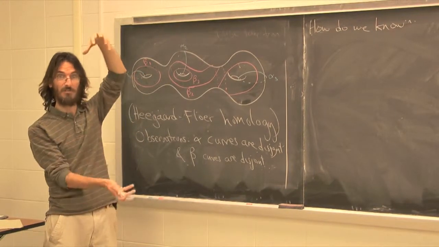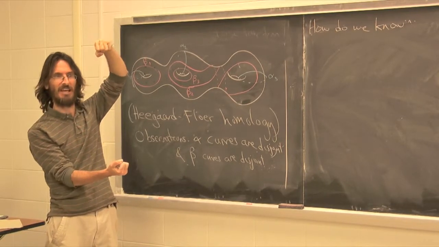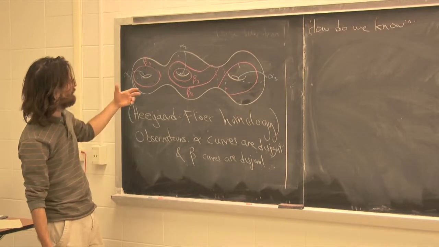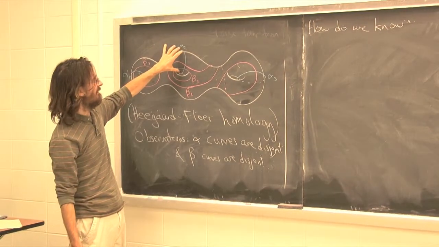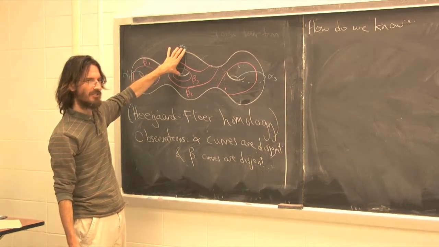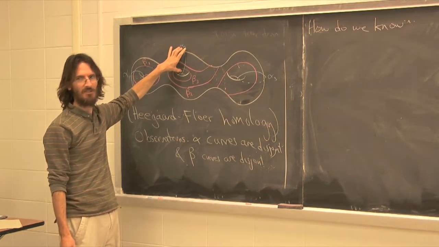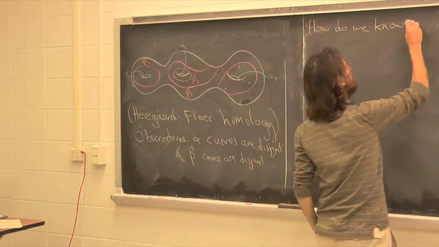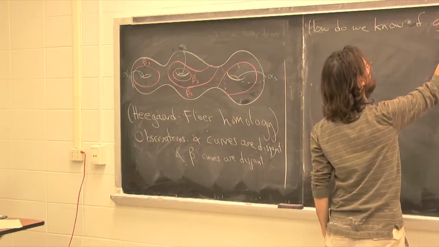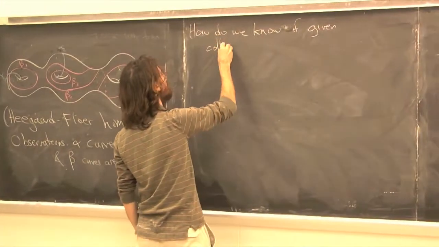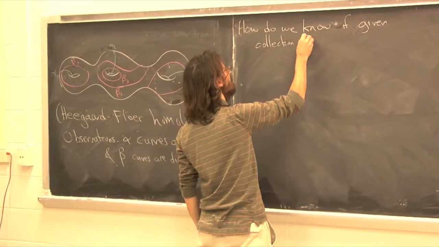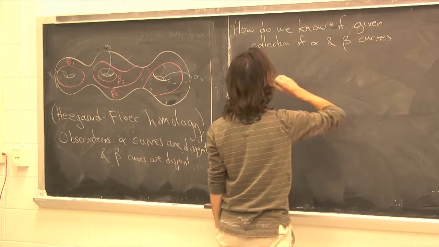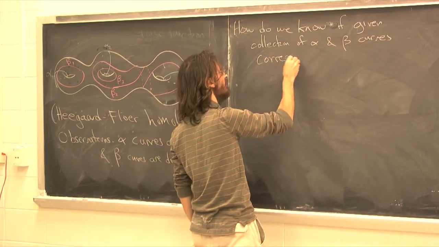How do I know that actually corresponds to a closed 3 manifold and that I can actually cap each end off with a 3 manifold? And the answer is that after doing some operation to the surface called surgery, which I'm going to describe now, you should get a sphere, right? So how do we know if a given collection of alpha beta curves corresponds to a closed 3 manifold?